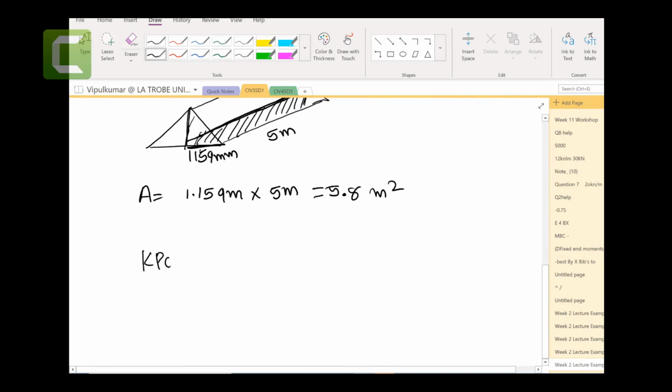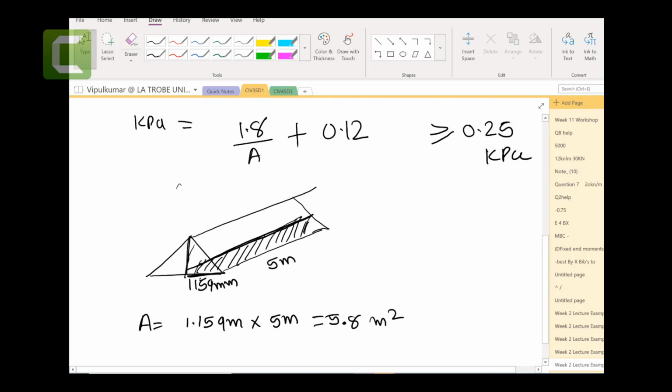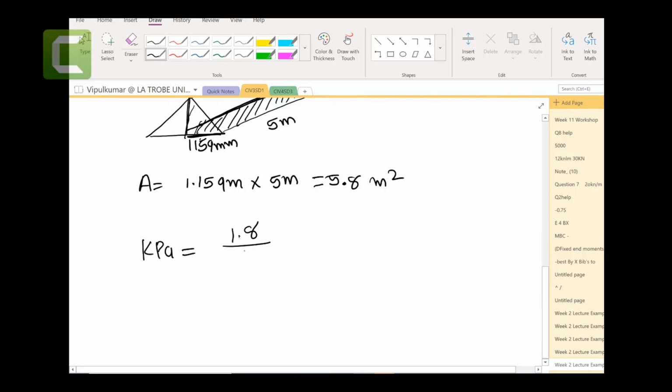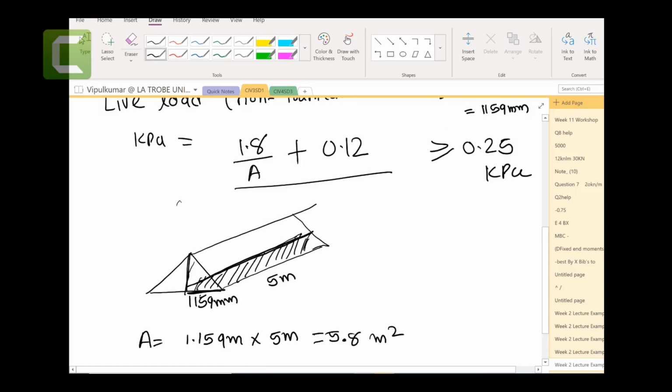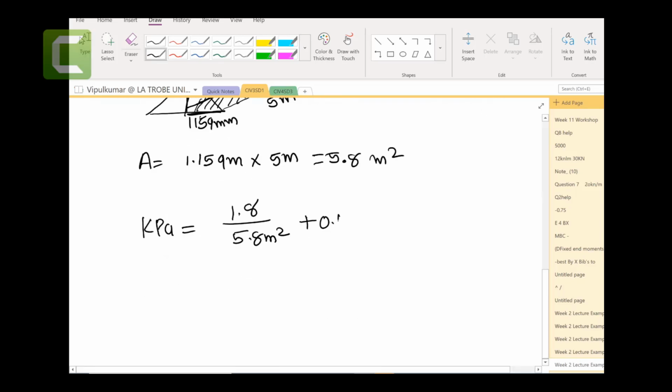Now if you want to calculate kilopascals, you get 1.8 over 5.8 square meters, plus 0.12. I'm just using these equations. So let's use this. We get 0.43 kilopascals, which is greater than 0.25 kilopascals.